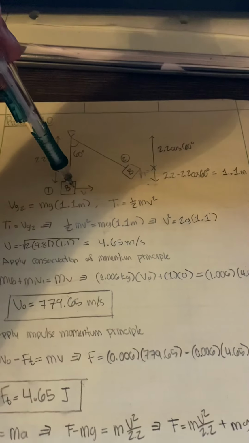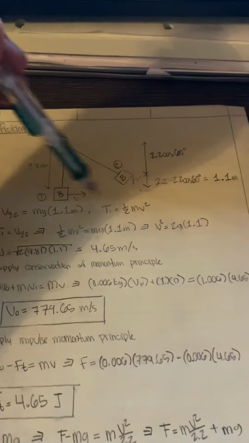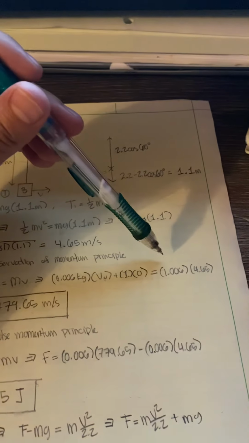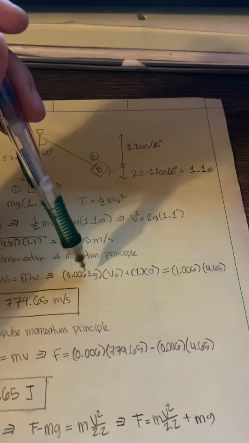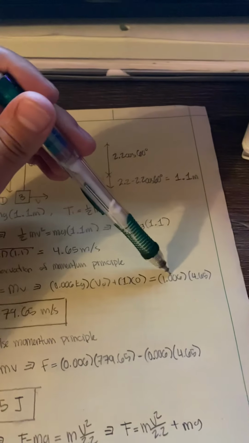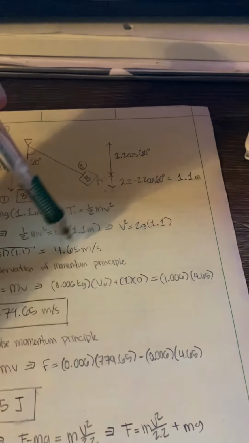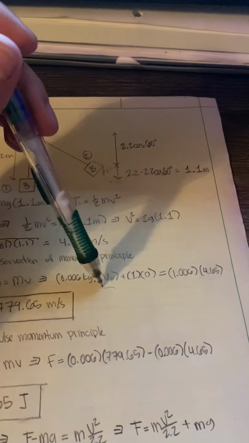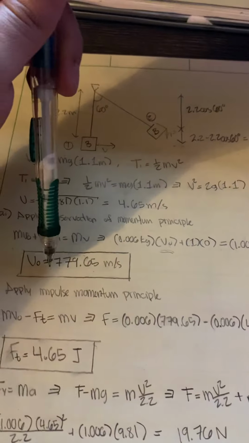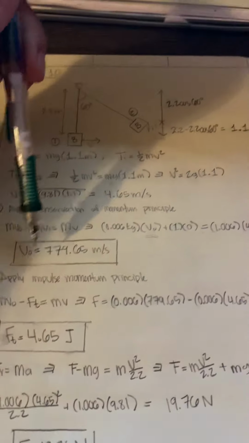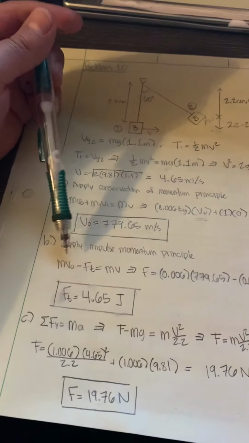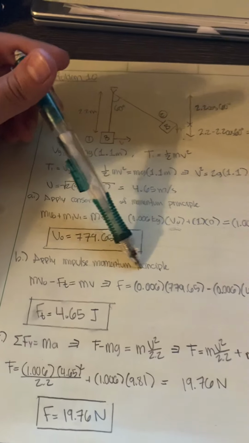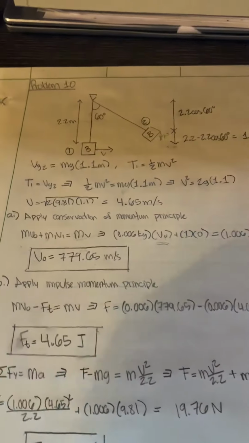And the block, its initial velocity is when it's at rest, so it's 0. And then the mass of both the block and the bullet is just 1 plus 0.006 kilograms. It's given this right here. And then the velocity is what we solved for earlier. We solved for the initial velocity right here, and we get 779.65 meters per second.